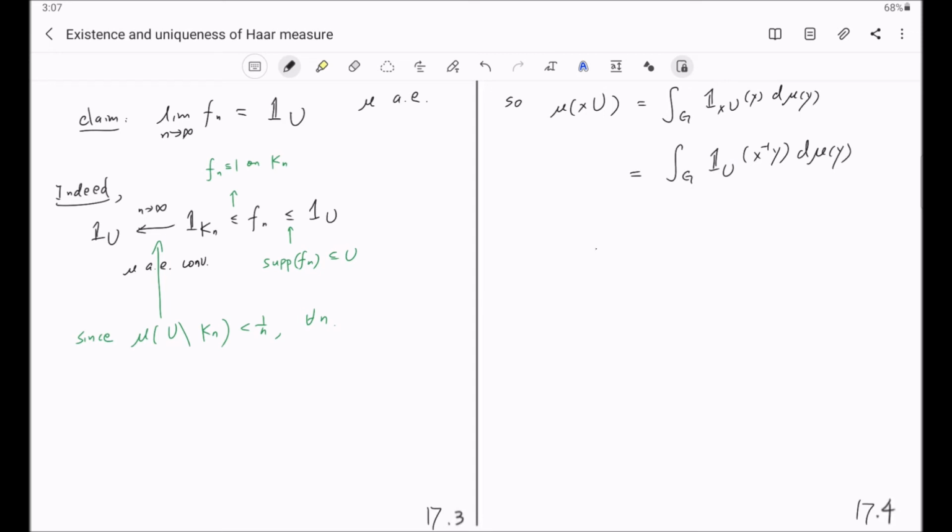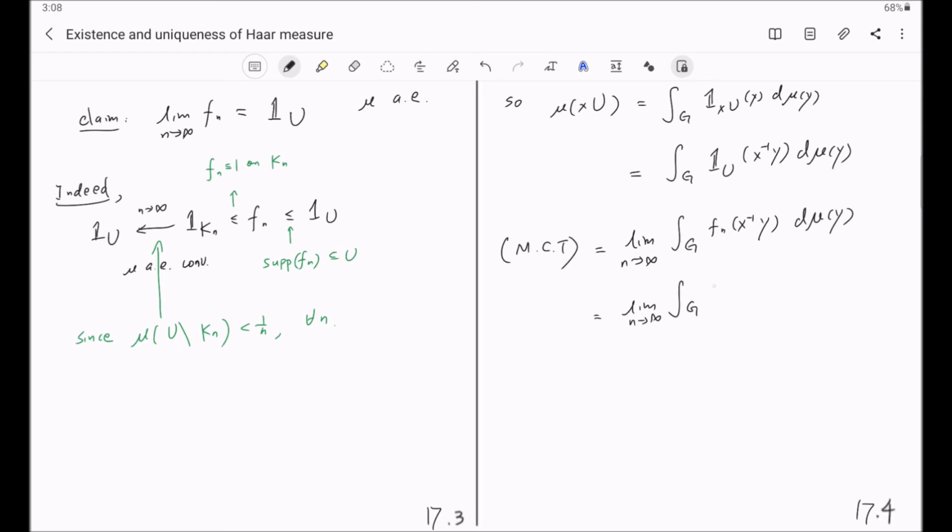And now, by the monotone convergence theorem, and the limit in here, you get this is equal to this limit of Fn's. And now you pull out this x inverse.